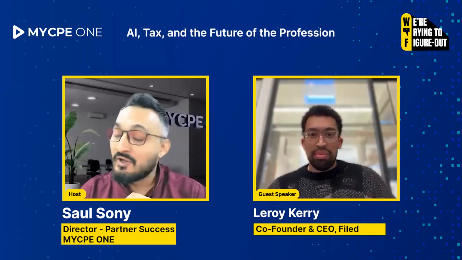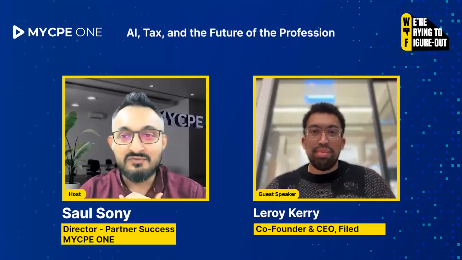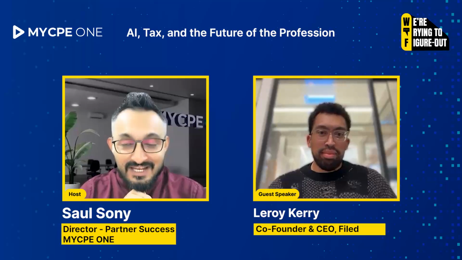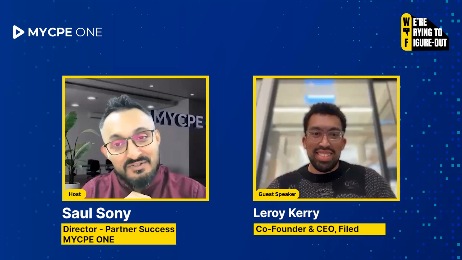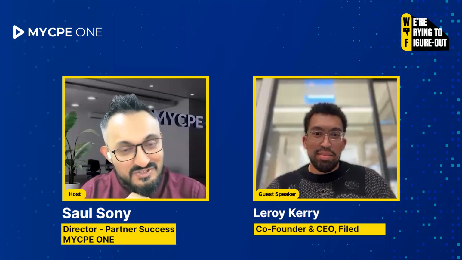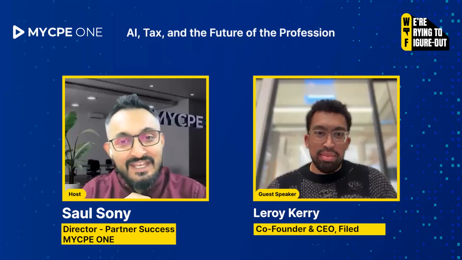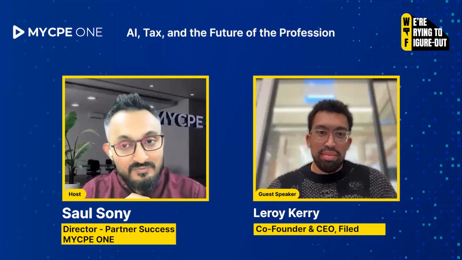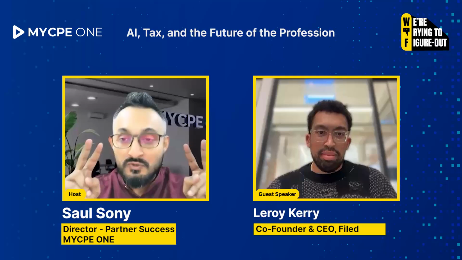Hey everyone, welcome back to We're Trying to Figure Out. I'm your host Saul, and today we are trying to figure out AI, tax, and what happens to the accounting profession when a robot doesn't just file your return, it writes your job description too. Joining me is Leroy Kerry, founder and CEO of Filed, an AI-powered tax automation platform that's aiming to fix two huge problems: complex tax work and the talent drain in our profession.